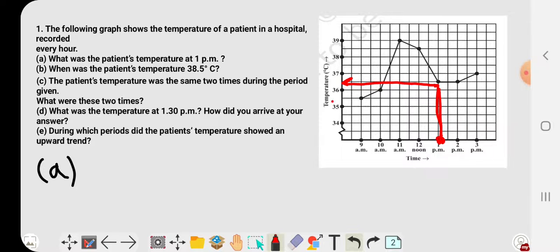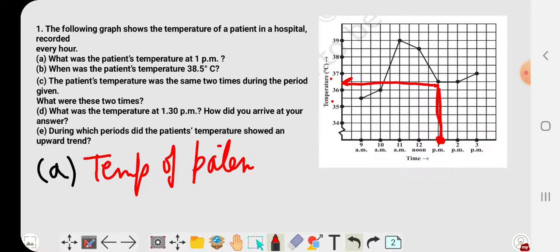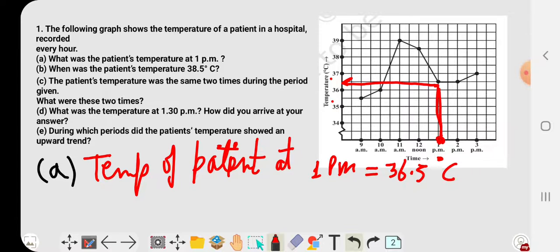It is between 36 and 37, so it will be 36.5. So you have to write like this: temperature of patient at 1 p.m. is equal to 36.5 degree centigrade.